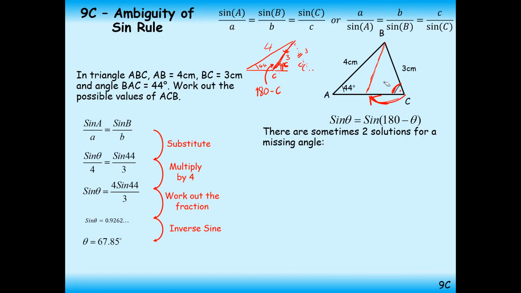I tried to show you as perfectly as I could. So the other answer for C could have been 180 minus 67.85.